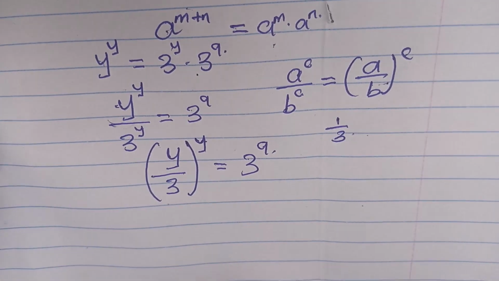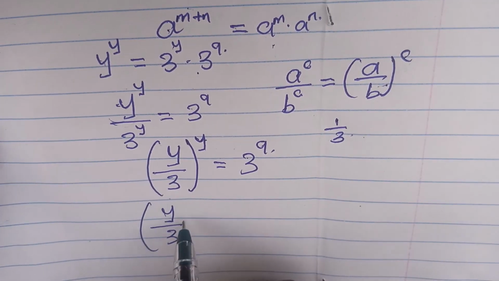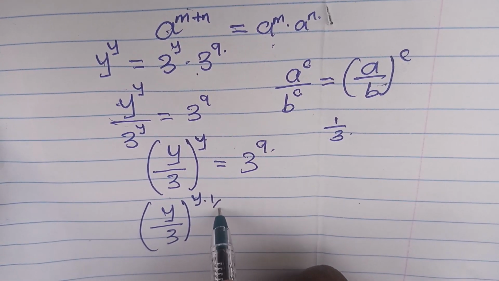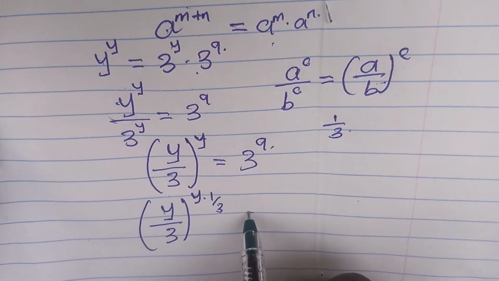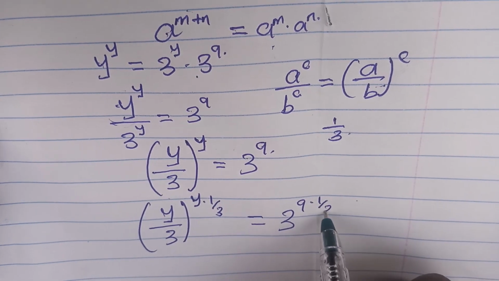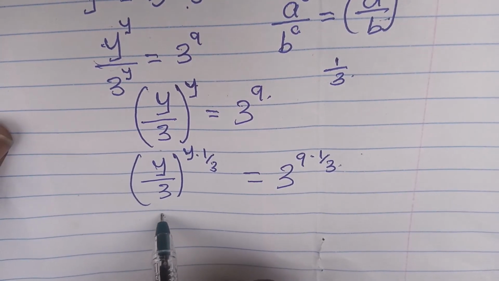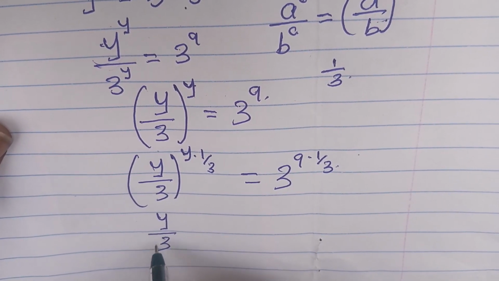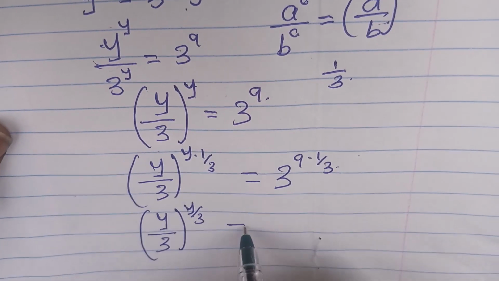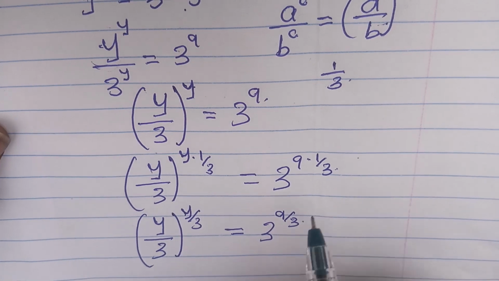So we say y over 3, all to the power of y times 1 over 3, equals 3 to the power of 9 times 1 over 3. From here we have y over 3 all to the power of y over 3 equals 3 to the power of 9 over 3.